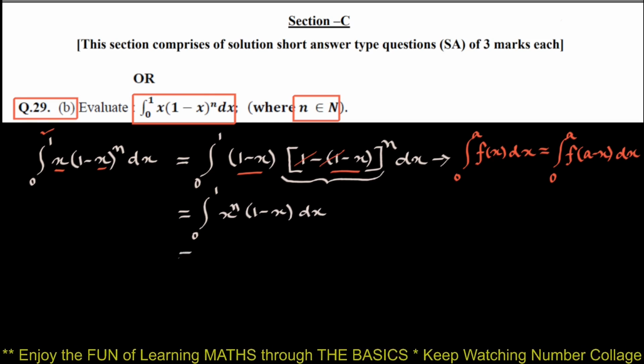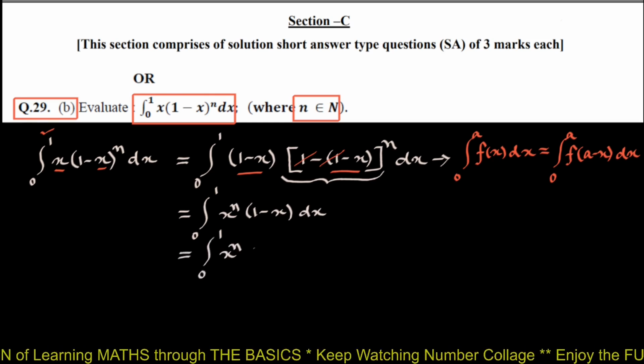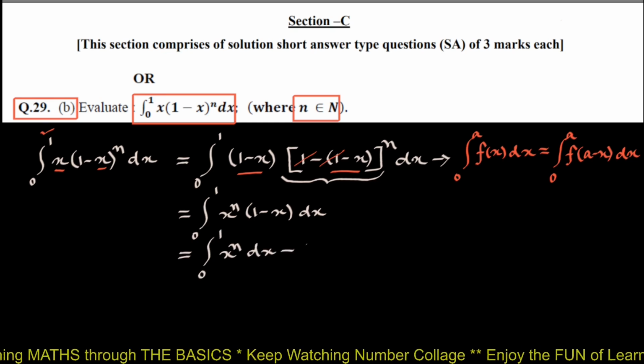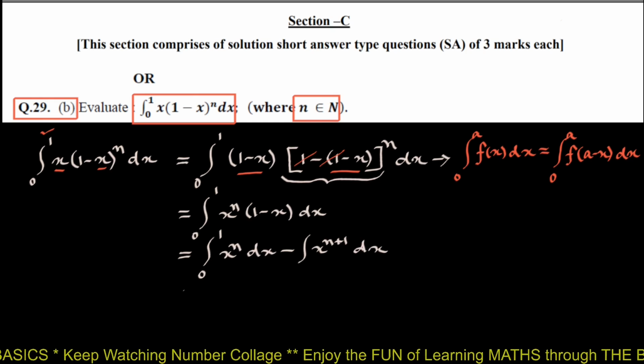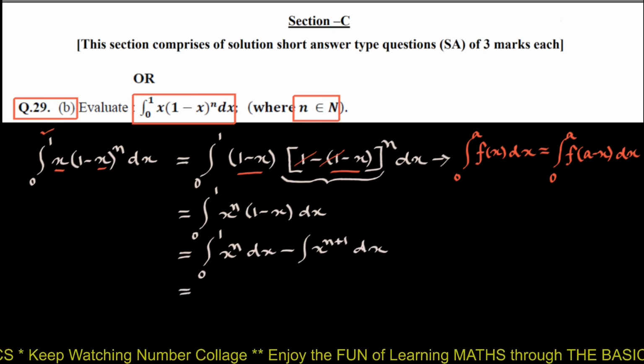After expansion, integral from 0 to 1 of x raised to n dx minus integral of x raised to n plus 1 dx. Now we will solve these two integrals separately.